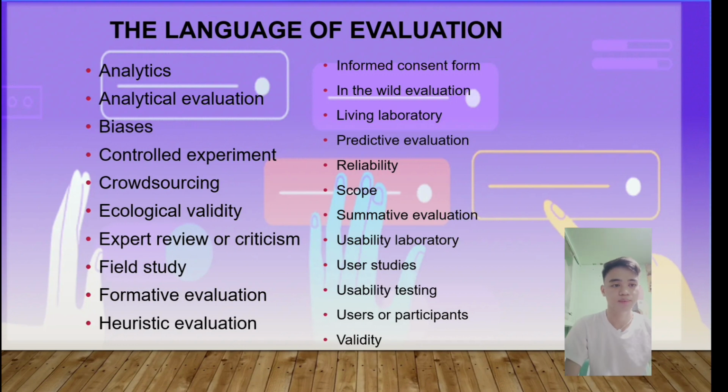The next is bias. Bias occurs when the results are distorted. For example, expert evaluators performing a heuristic evaluation may be more sensitive to certain kinds of design flaws than others, and this will be reflected in the results. Evaluators collecting observational data may consistently fail to notice certain types of behavior because they do not deem them important.